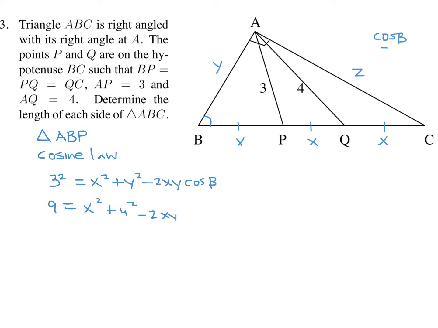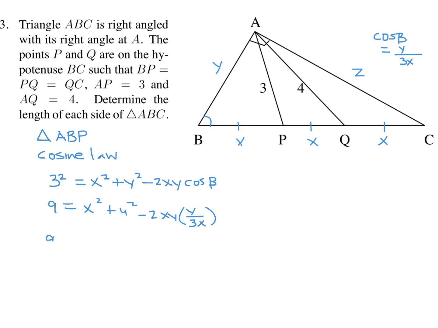Cos of B is adjacent over hypotenuse, right? And it's a right triangle. This big guy is a right triangle. So adjacent over hypotenuse, adjacent in this case is y, and hypotenuse of the big guy is 3x. So y over 3x is what goes into cos of B.